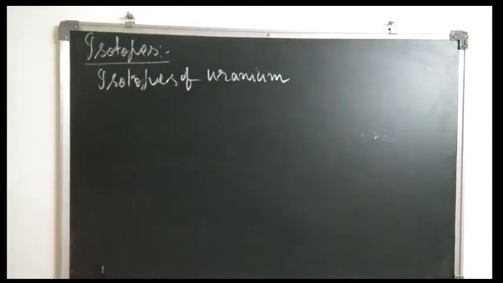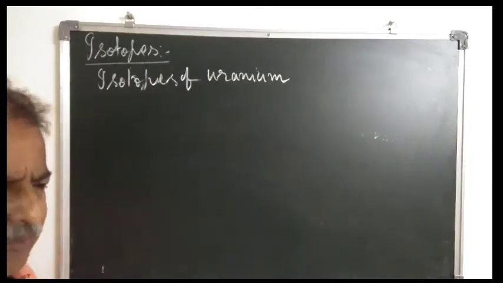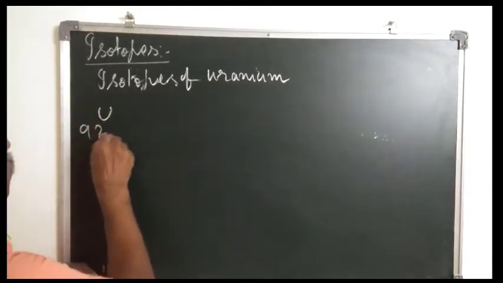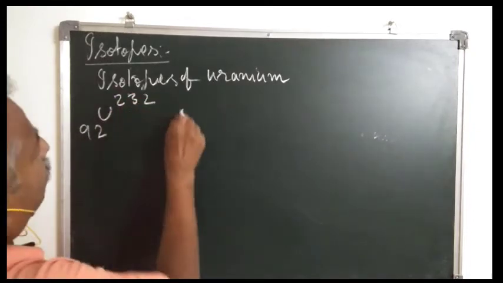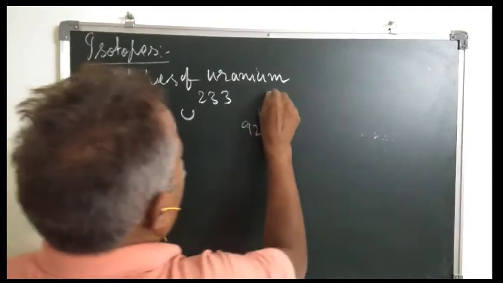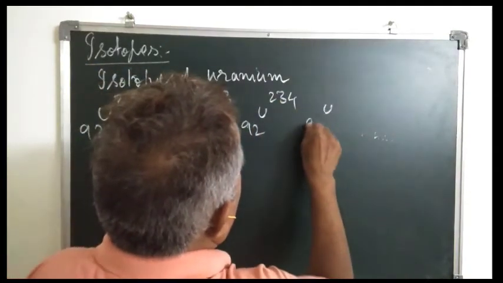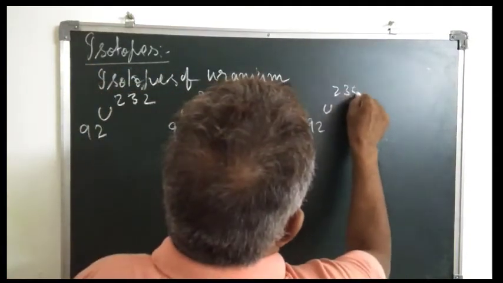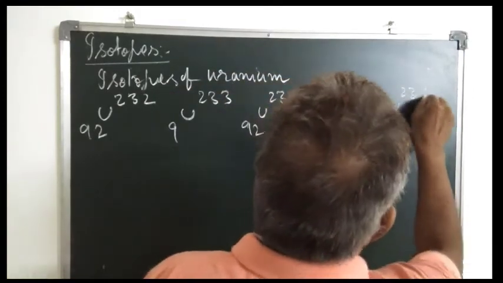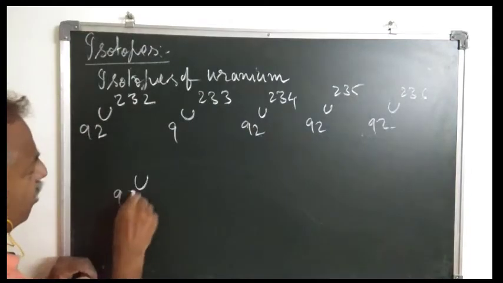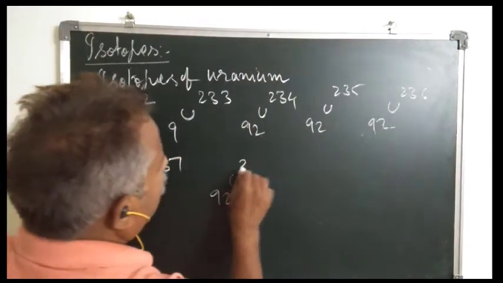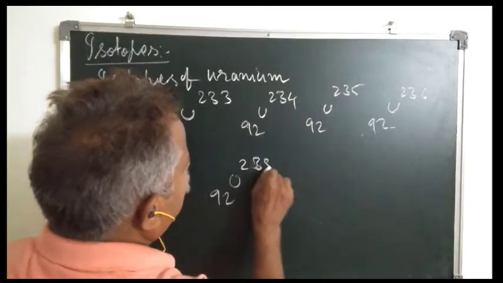Now let us see the isotopes of uranium. Uranium has many isotopes. U-232, U-233, U-234, U-235, U-236, U-237, U-238.